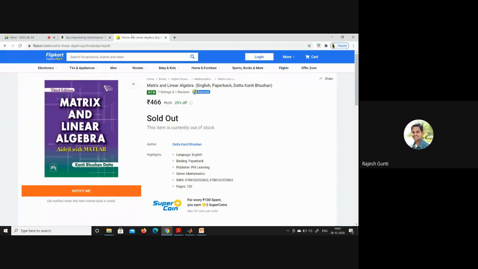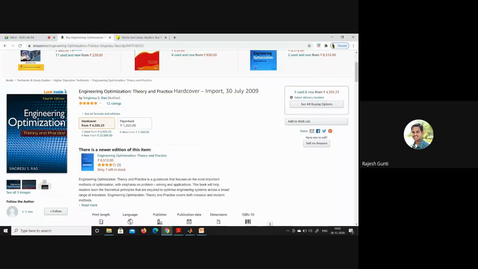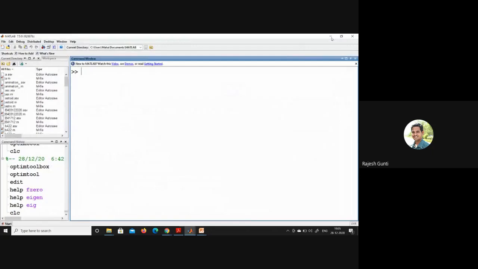This is a standard book for ME people, the prescribed book for ME students, engineering optimization for mechanical and EEE students. For ME thermal students, this is standard. Don't underestimate people with an engineering background.